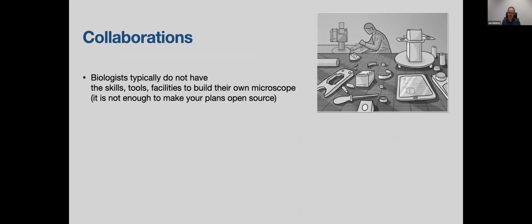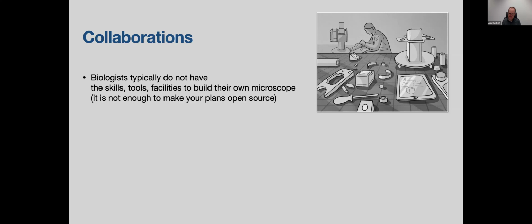And so that's why most people would be faced with a challenge of building their own microscope. And that's not something that, generally speaking, biologists can do, because they may not have a workshop, they may not have a 3D printer, and they don't have like laser safety in their lab, etc.